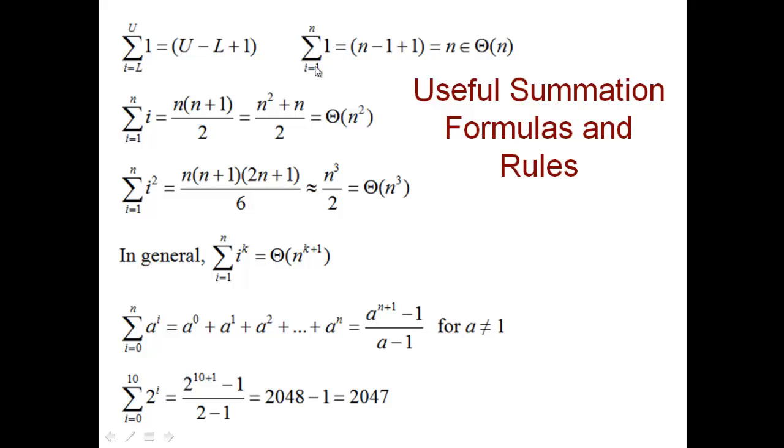So here we have sigma I equals 1 to n of 1. We can apply that formula because 1 is a constant in the summation. So it is n minus 1 plus 1, which is n. And n can be written as theta of n. So if you have a summation of this format, sigma I equals 1 to n, with a constant inside the summation, it is theta of n.